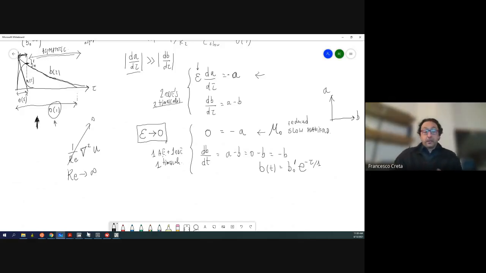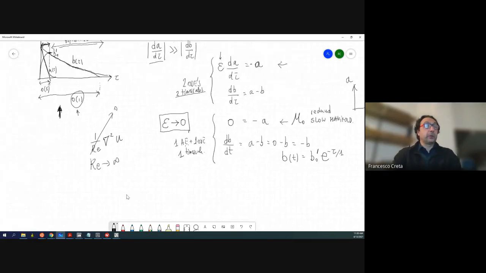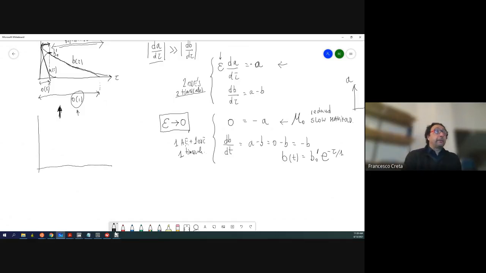So what happens if we shrink to 0 the temporal boundary layer? Well, it will be essentially shrunk to 0.